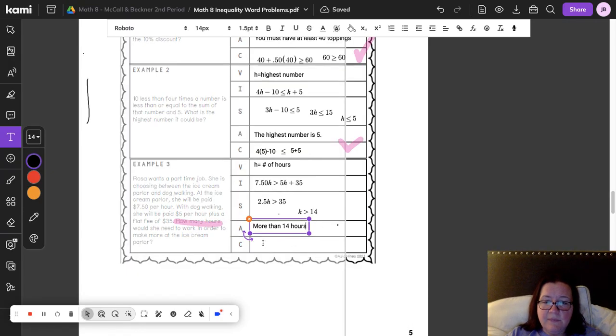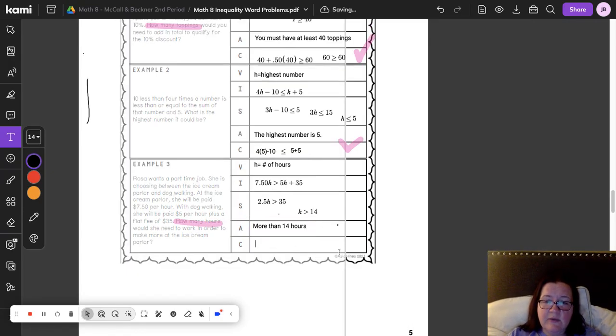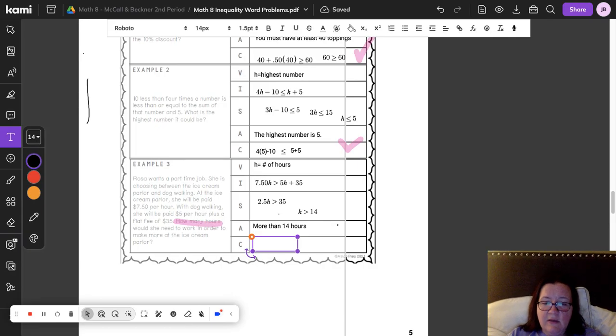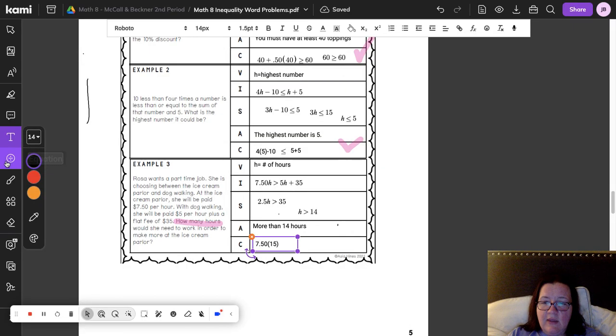Okay, so let's check it. Let's pick a number that's more than 14. How about 15? We're going to plug it in. We're going to take 7.50 times 15 and see if that is greater than 5 times 15 plus 35.